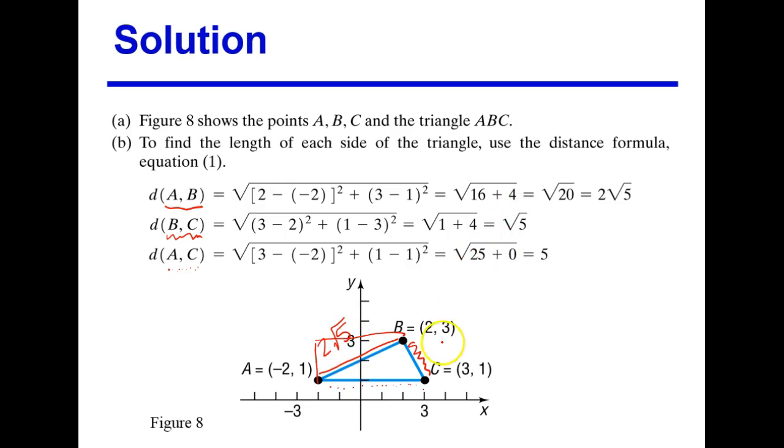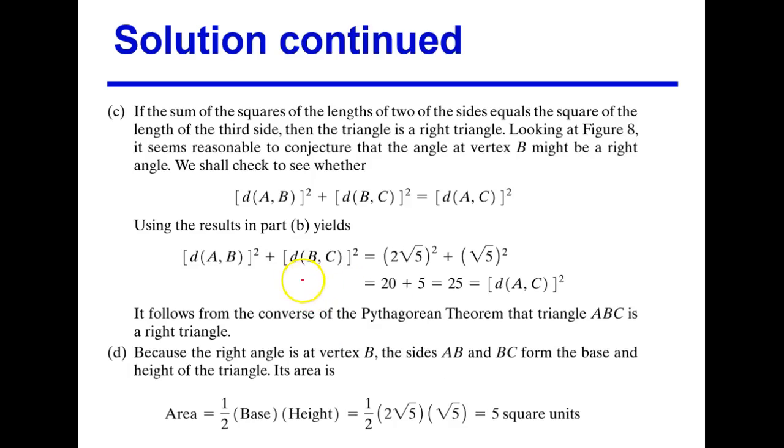My length from B to C is the square root of 5, and A to C is 5. This was all done using the distance formula with all of my different points. You'll see here they wrote it out very nice and clean, so I know exactly which length I'm talking about when I'm looking at my data.